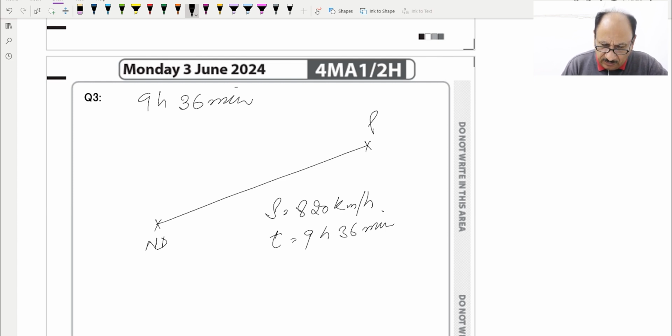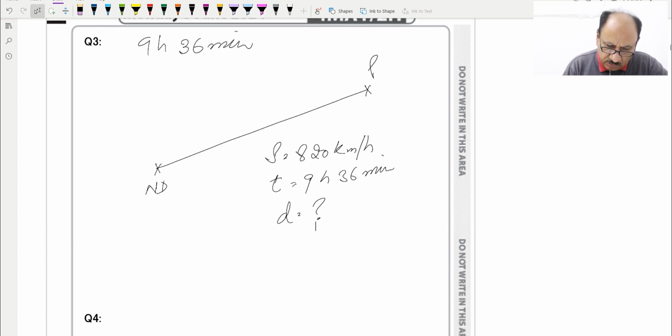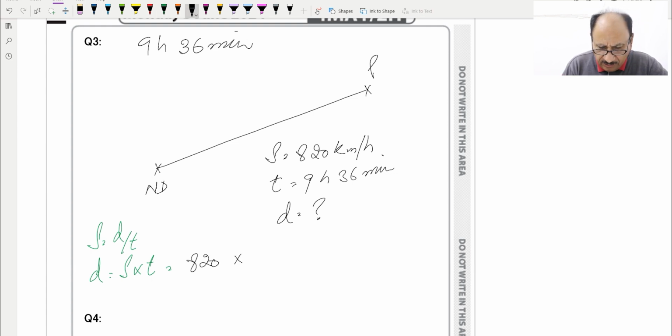So distance d we need to find, and we know that speed is equal to distance over time. So distance will be speed times time, which is 820 multiplied by 9 hours and 36 minutes.